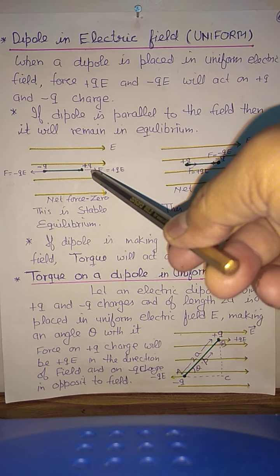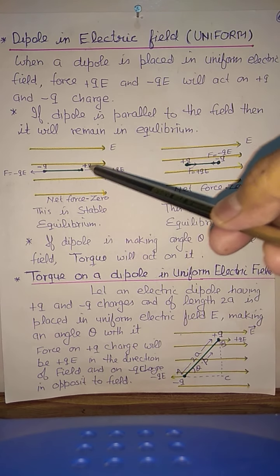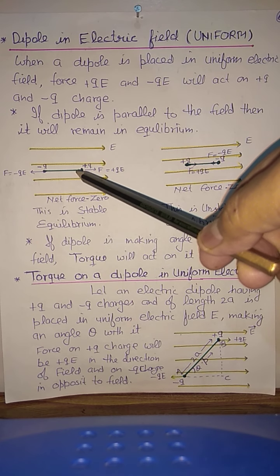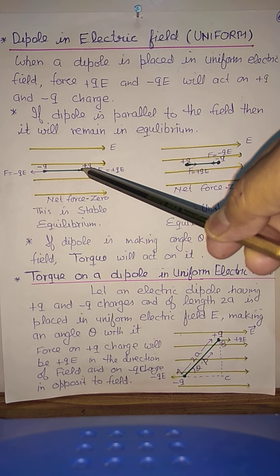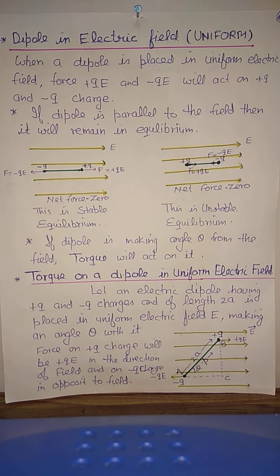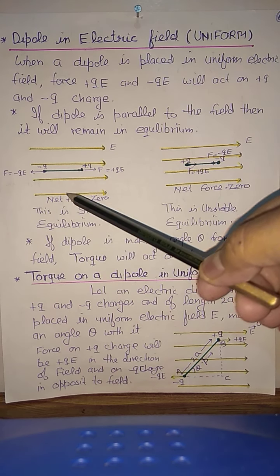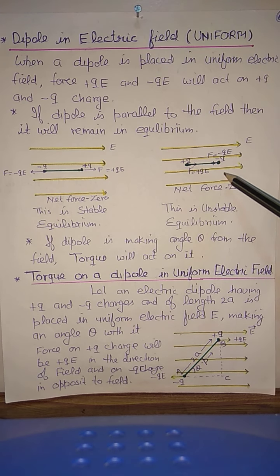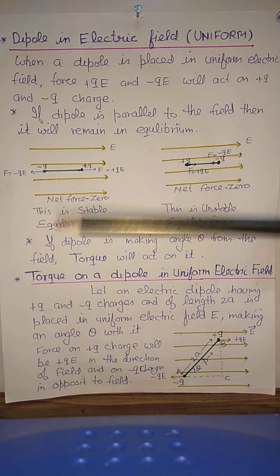Since these two forces are in opposite direction, when this dipole rotates by a very small angle, then these two forces will bring it back to equilibrium, and that's why it is in stable equilibrium. This dipole is here. In this condition, minus QE is acting in this direction and plus QE is acting in this direction, like this.